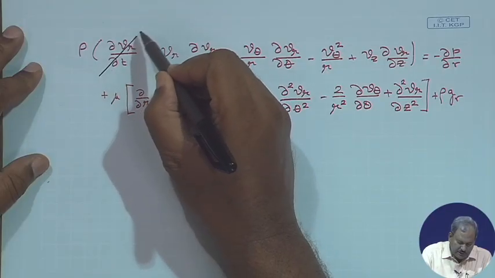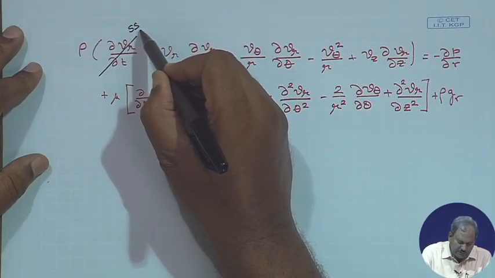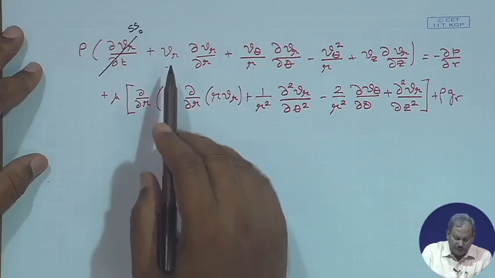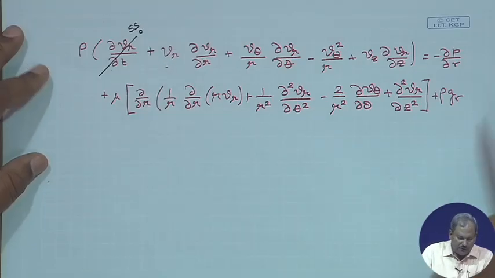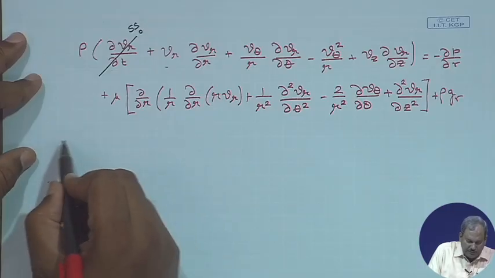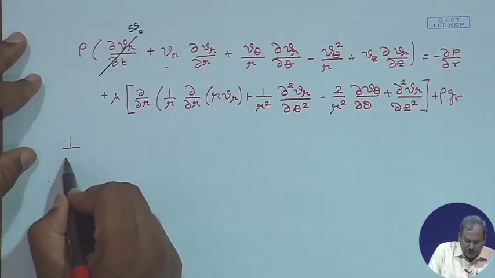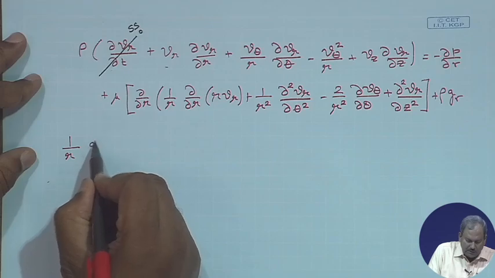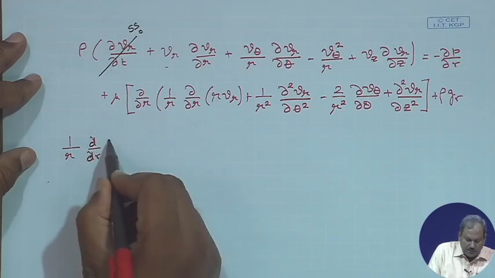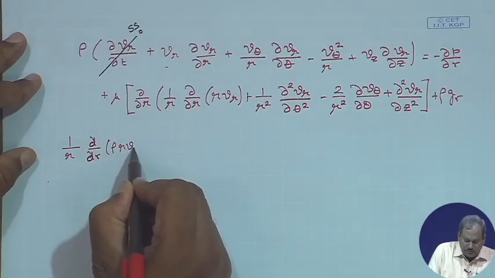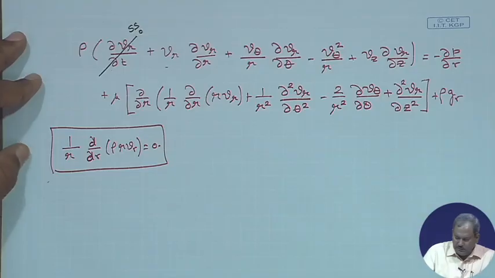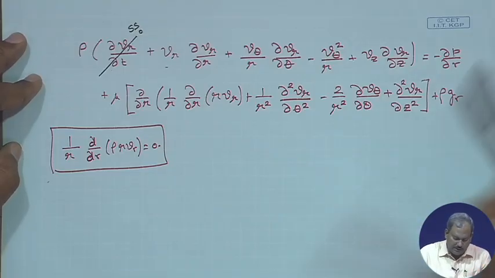First of all, it is a steady state. So this is equal to 0. Vr does not vary with t. Coming to the end, I would also write the continuity equation just for our reference, which was 1 by r, and this was the equation of continuity which we have seen in the past.